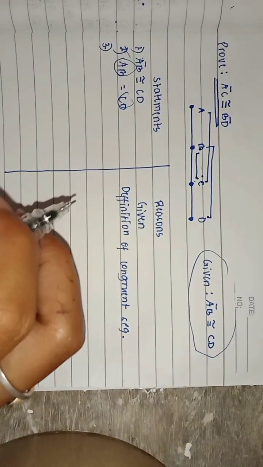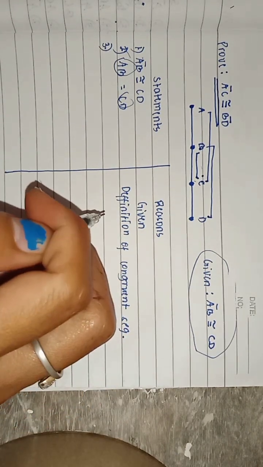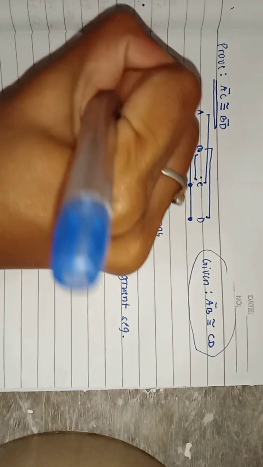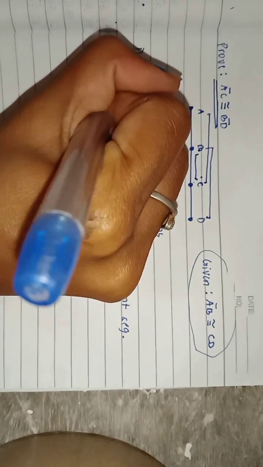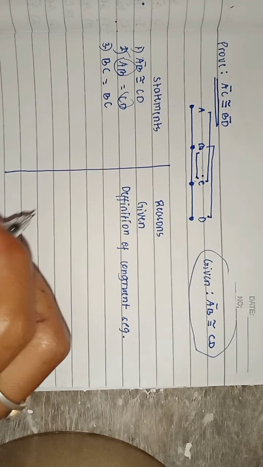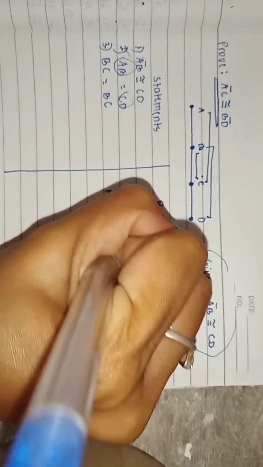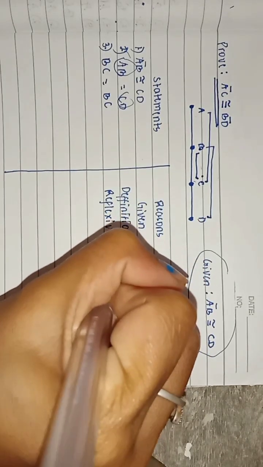Before we do that, let's write down another statement. We're gonna say that BC is equal to BC. This stands as the reflexive property.